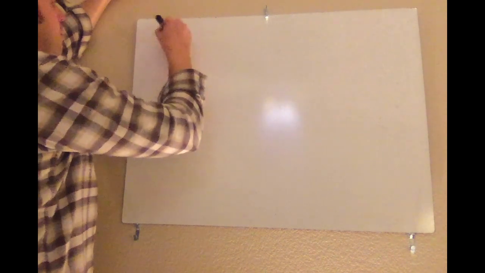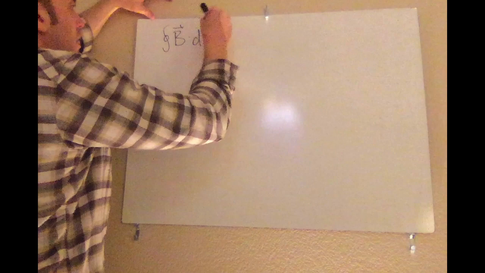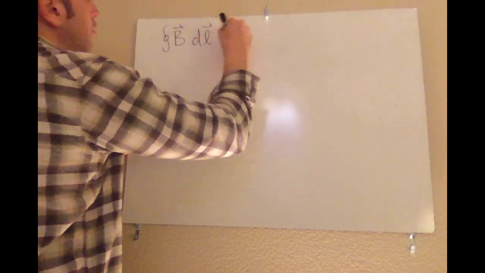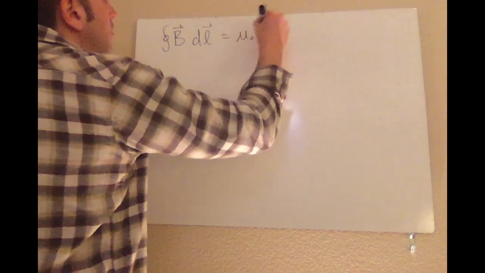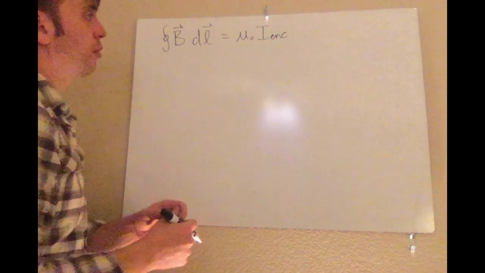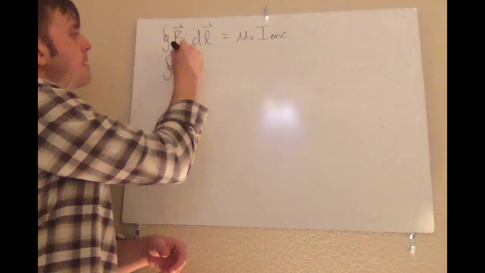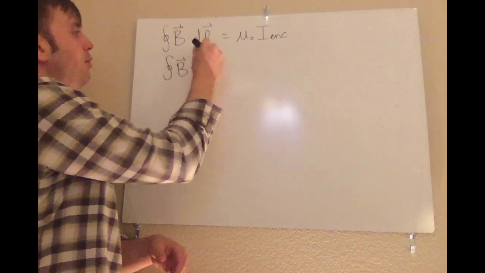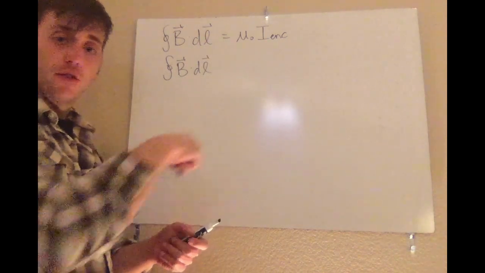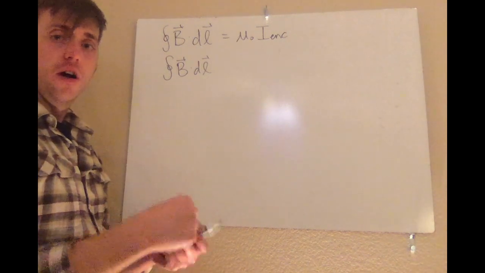All right, so now to figure out what the magnetic field inside of this toroid looks like, we're going to have Ampere's law: the integral over our closed loop, B dot dl, is equal to mu naught times I enclosed. All right, so here's what we need to think about. What's B dot dl? Let's start with that. Well, if you recall, our Amperian loop is a circle which goes all the way around the toroid, and the radius is r.